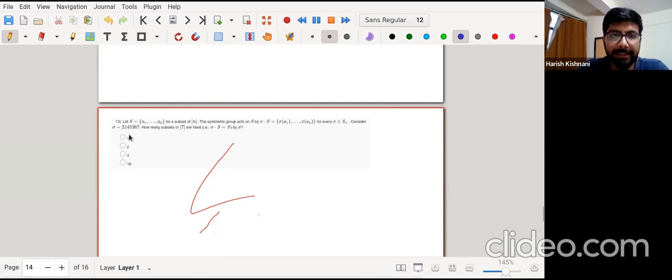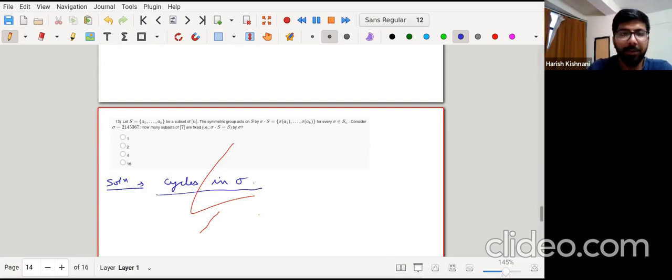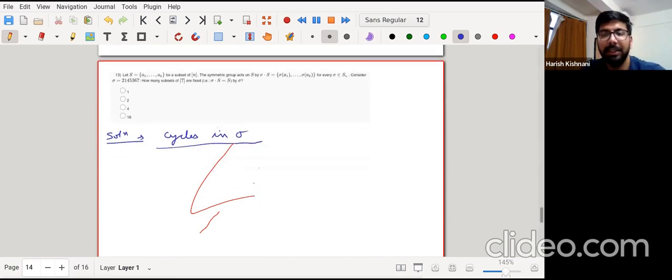So I will just say, let's first see the cycles in sigma. It will definitely help you, because a cycle is a subset that will be fixed, and you will realize soon, as soon as we start computing the cycles, why I am starting with the exploration of these cycles.